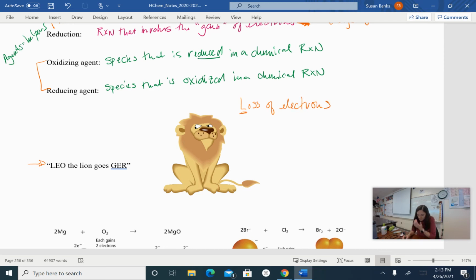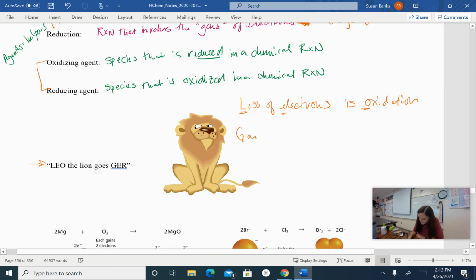So loss of electrons is oxidation. Okay, so loss of electrons is oxidation, and grr is gain of electrons. Is reduction. So gain of electrons is reduction.